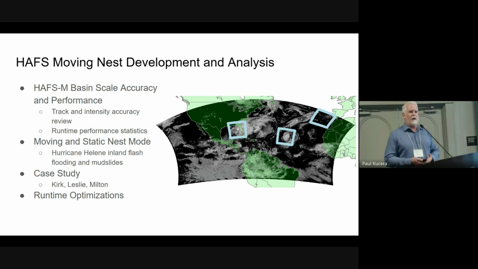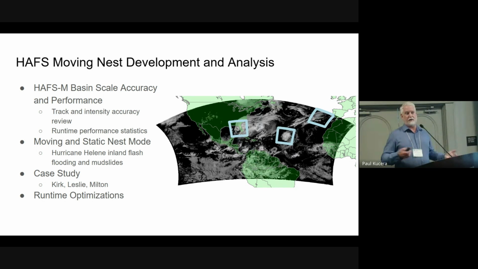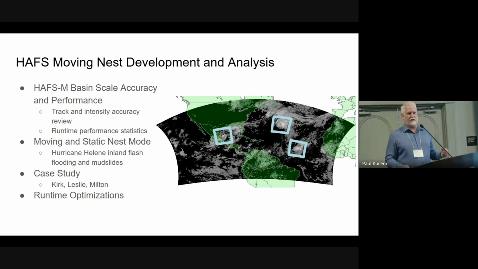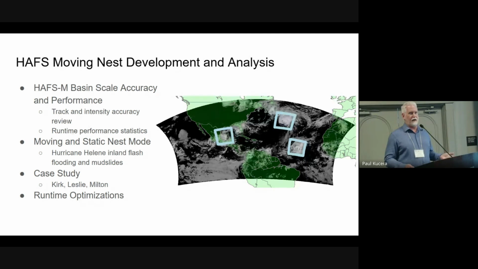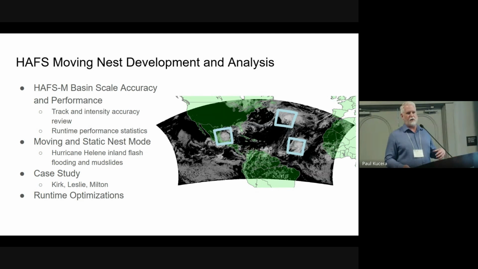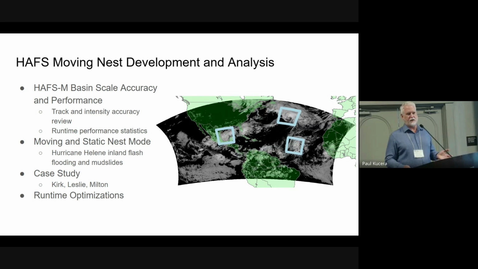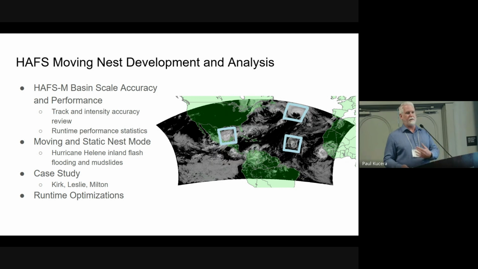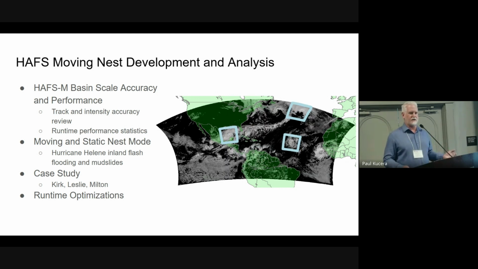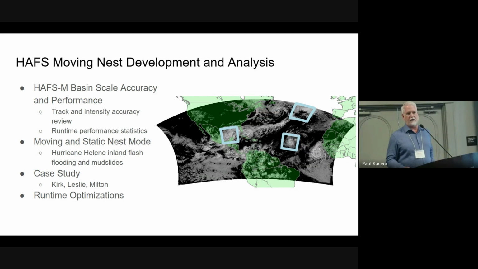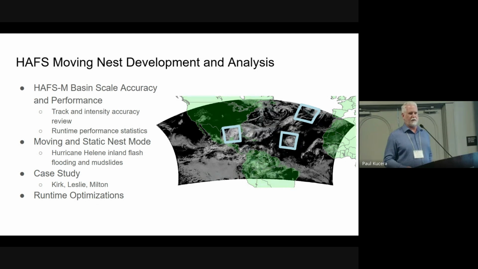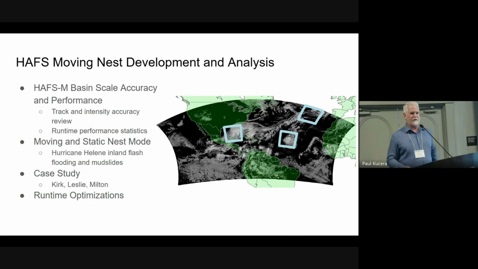And then switch gears and look at the meteorology of a couple of different cases. One, the Hurricane Helene inland flooding, and a couple of different potential solutions, particularly from the basin scale, some just from modeling, that we might be able to use to examine those hazards and give some clear warning ahead of time.